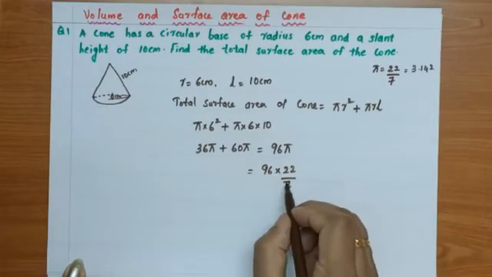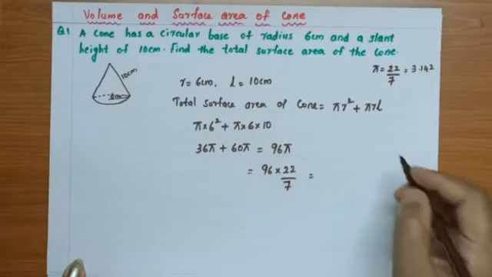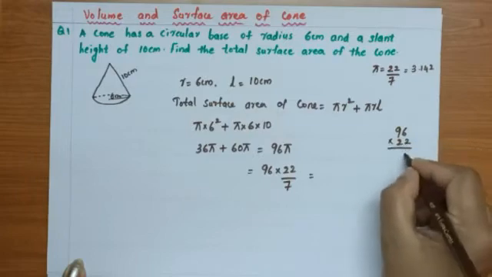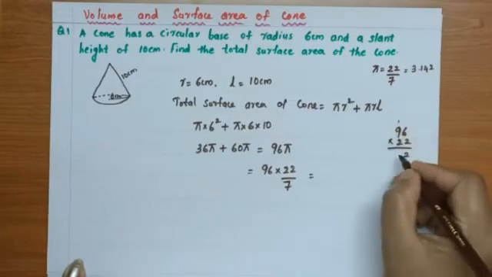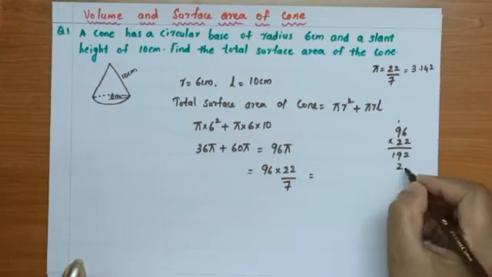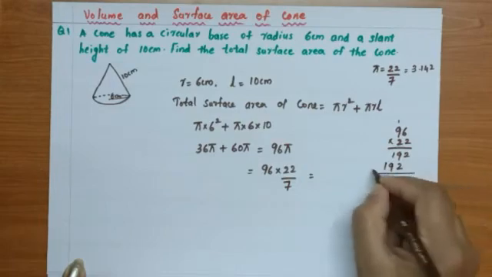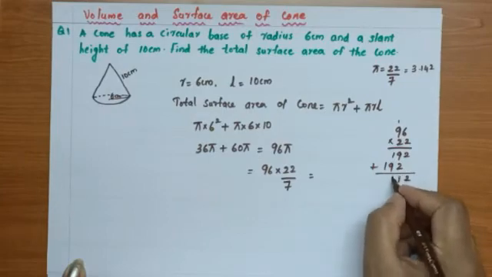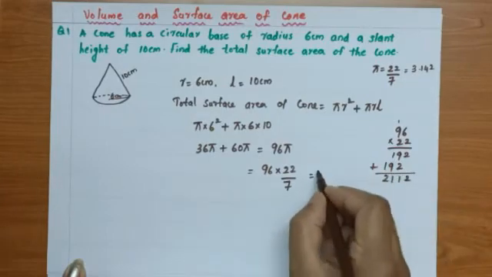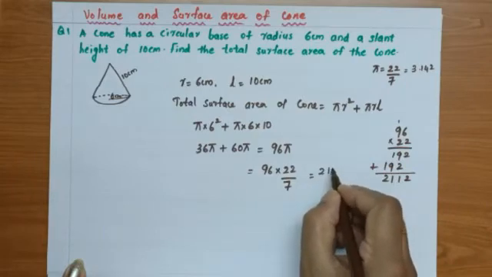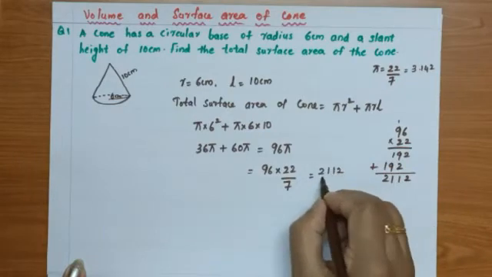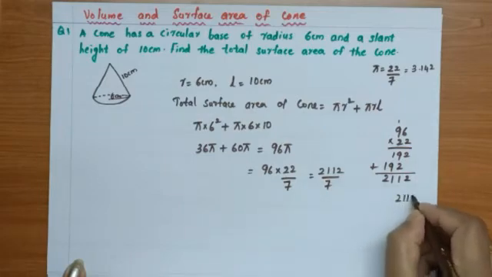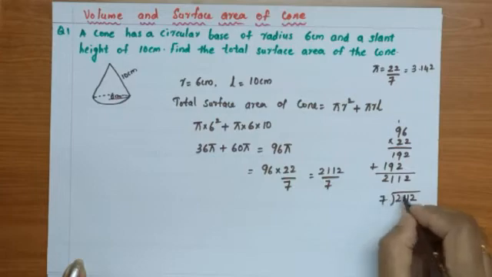Here we cannot reduce, so we multiply 96 by 22, which is 2112, divided by 7. We divide 2112 by 7.